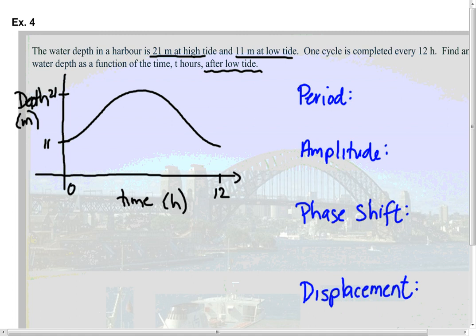The period is easy. It takes 12 hours. In my equation, I'm going to need to write a number. I want to check what letter we used.